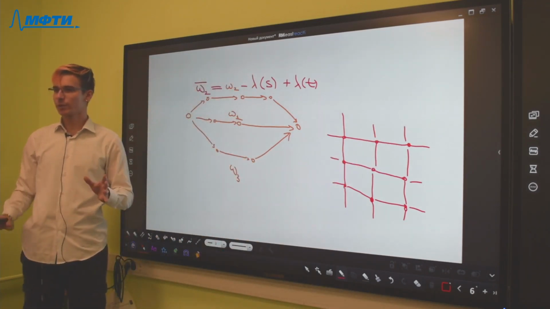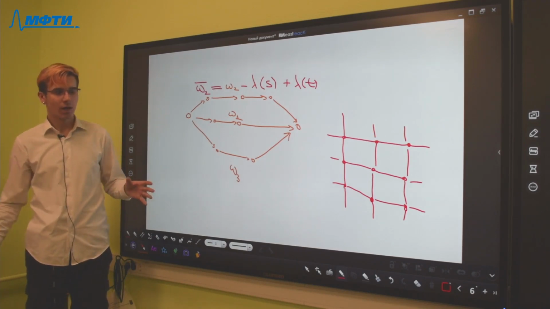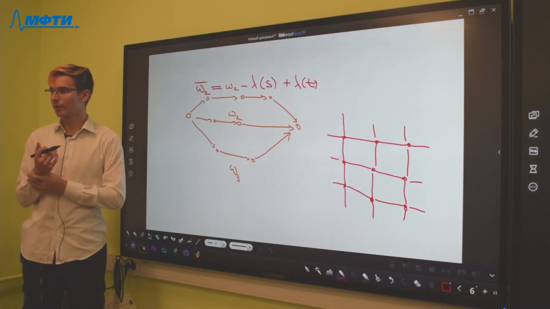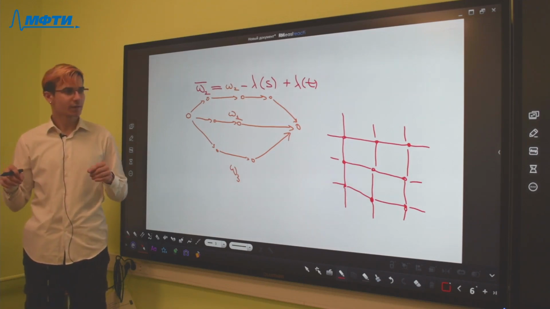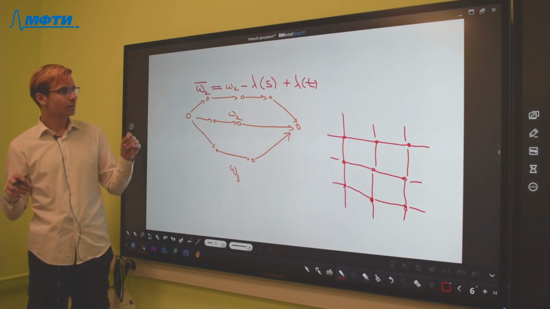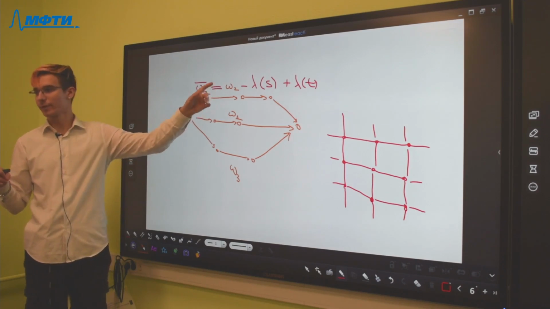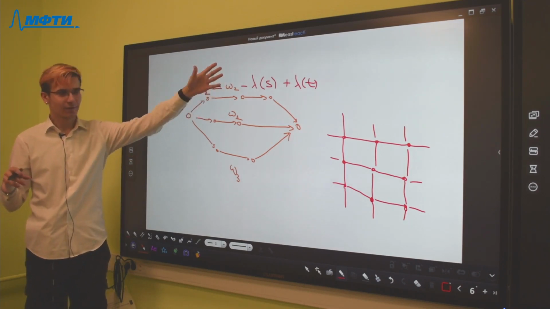Of course, the potential function you get from outside your algorithm, and in the algorithm you assume that you already have the potential function.